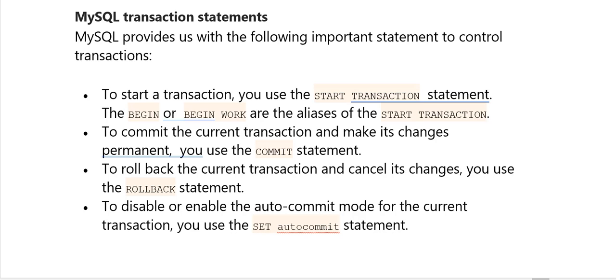To disable or enable the autocommit mode for the current transaction, you use SET autocommit. Autocommit means whether it should go automatically or not.